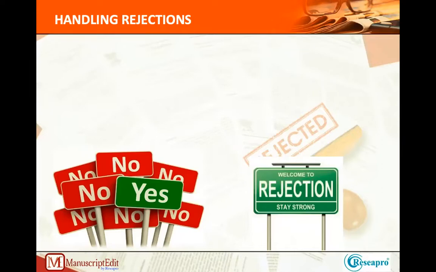There is evidence that a rejection from one journal is not the end of the road for the author or even for that particular manuscript. However, there is no denying that a rejection letter hurts a lot. So, how does one deal with it?